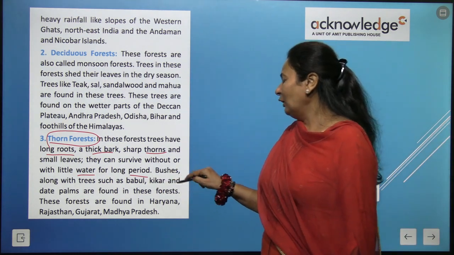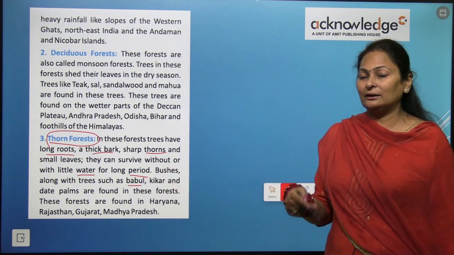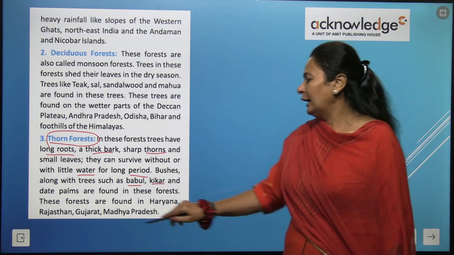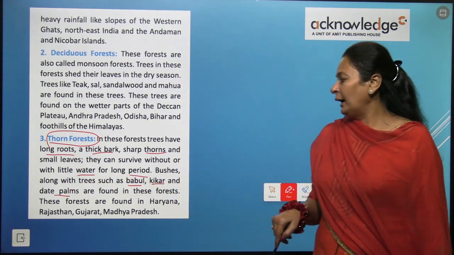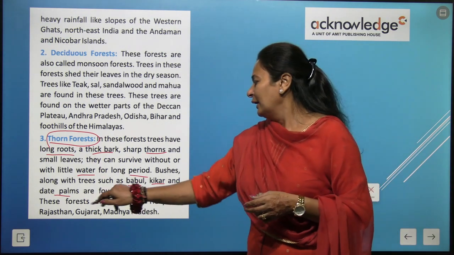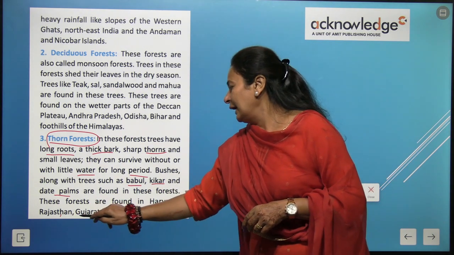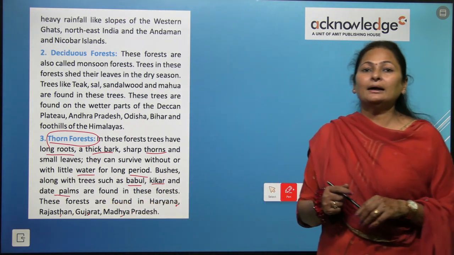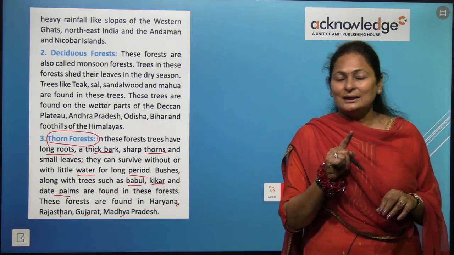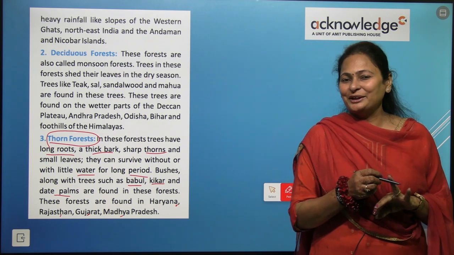Examples of the trees that grow in the thorn forest are babool, kikar and date palm. These forests are found in Haryana, Rajasthan, Gujarat and Madhya Pradesh. Rajasthan, you all remember the cactus, the babool and kikar that grow there because there is a scarcity of water.